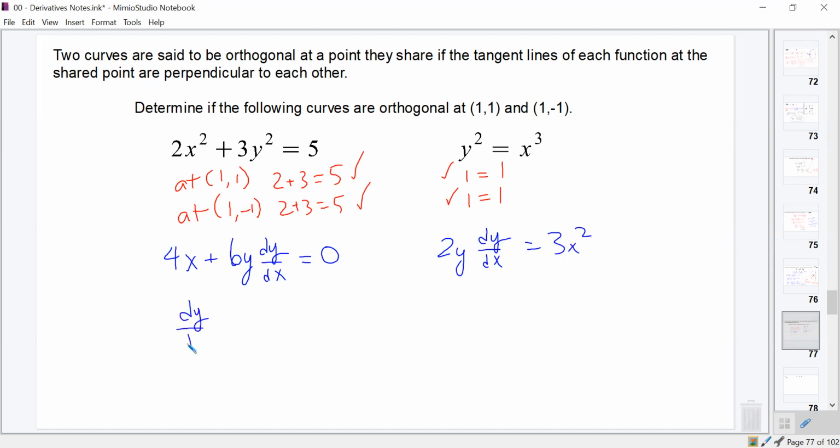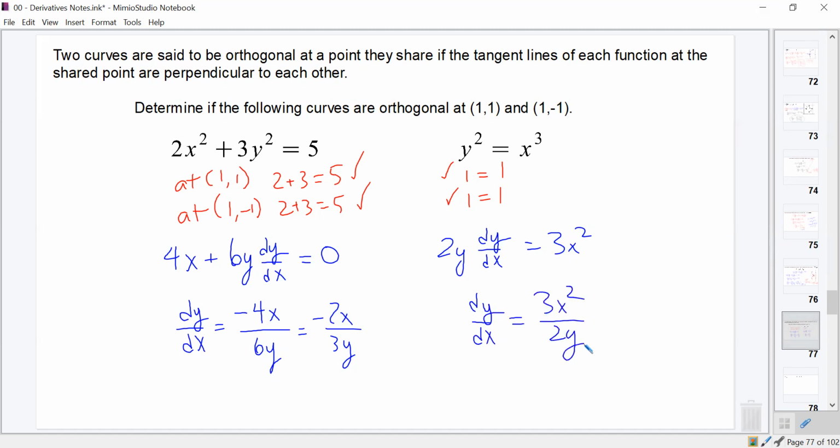This will give us dy dx is equal to negative 4x when we subtract the 4x over, and then divide by 6y, or negative 2x over 3y. And on this side, we'll get dy dx is equal to 3x squared over 2y.